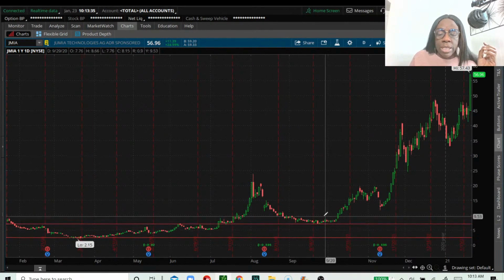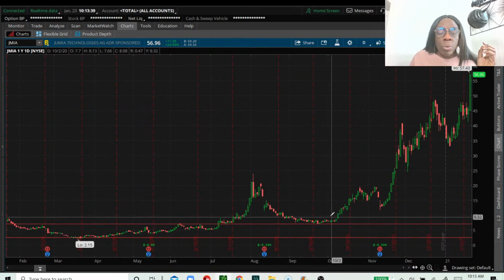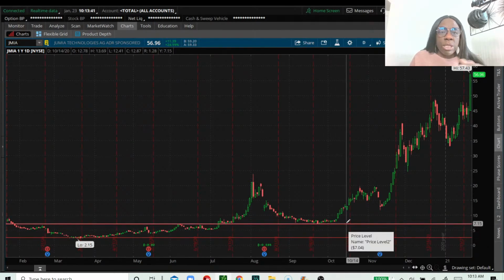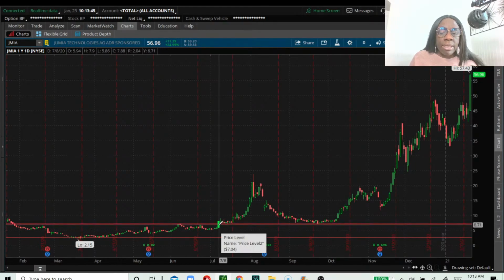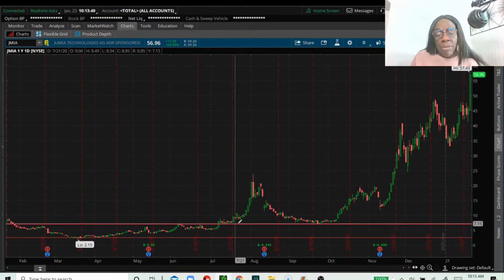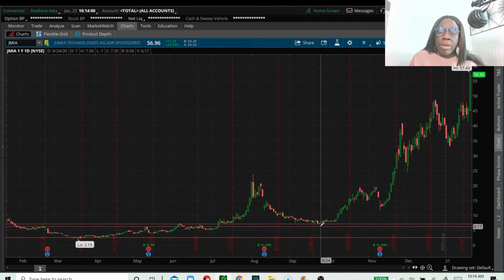Every time price action attempted to drop below this support level, which is the floor at this point, to the left of this candlestick, this same level was the ceiling, the resistance. To the right of the candlestick, it becomes the floor because price action is not dropping below it, which is good. It's a strong support level. So this would be a good area to buy.